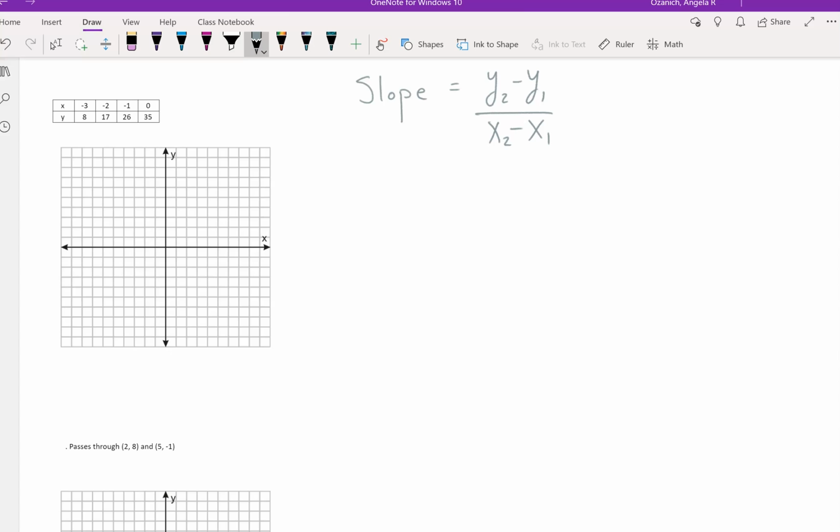Okay, so as you look at a table, one of the things you can do is just pick 2 points in your table. So I'm going to pick this point, and I'm going to pick this one right next to it.